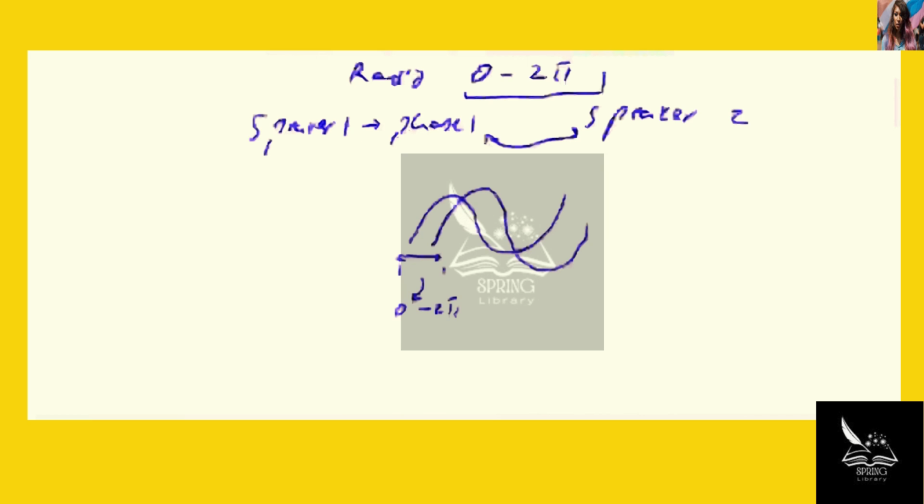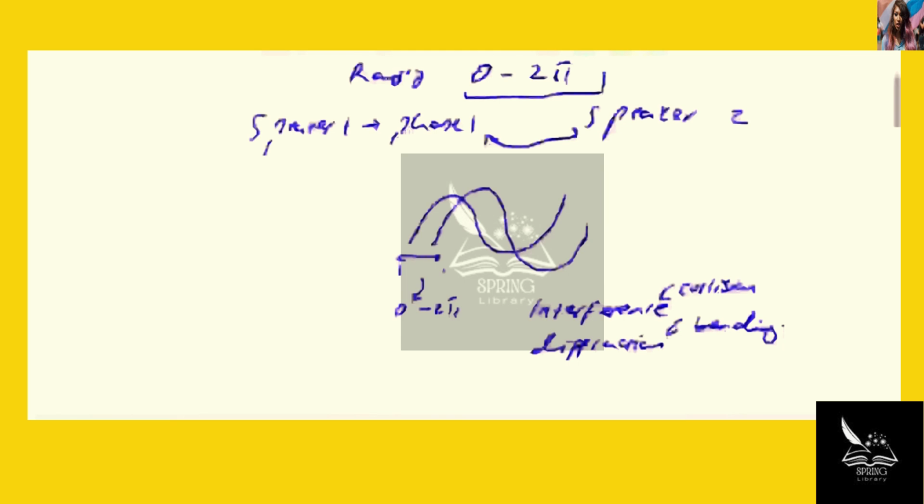And assume we have interference going on and also diffraction. Interference is kind of like the collision of waves, and diffraction is kind of like bending when the waves go through an opening. So our goal in this particular problem is to see what happens as we drift away from the openings.